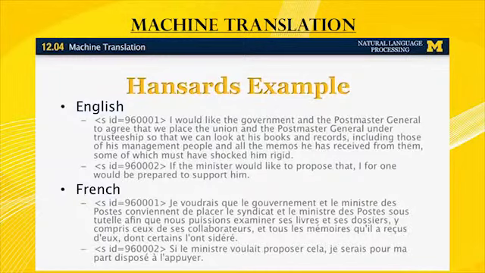Now the next thing is Postmaster General, which gets translated as Le Ministre des Postes, or in other words, the Minister of Posts. So that's not exactly the same translation as Postmaster General, but it means the same person. So you can see that even though those documents refer to the same person in both languages, they may use some very idiosyncratic vocabulary that is not directly translatable.